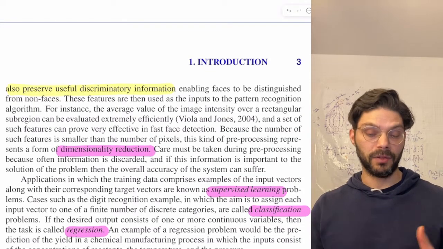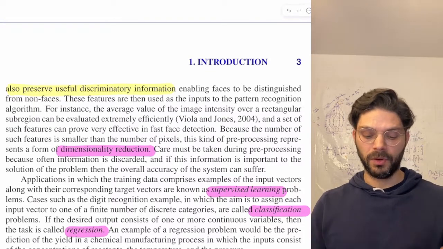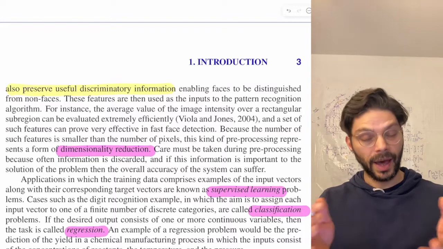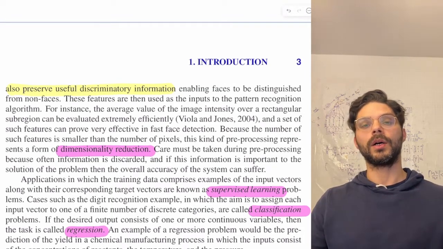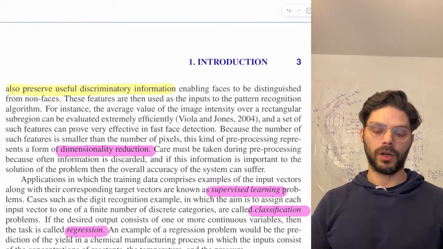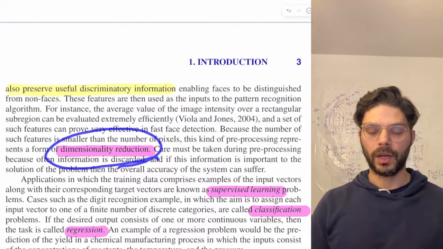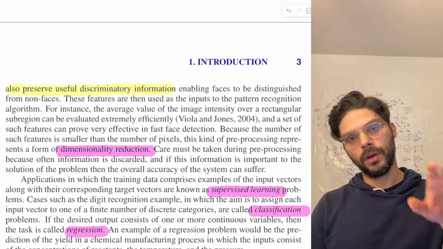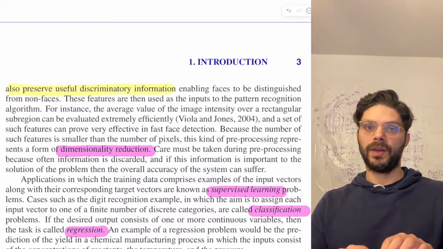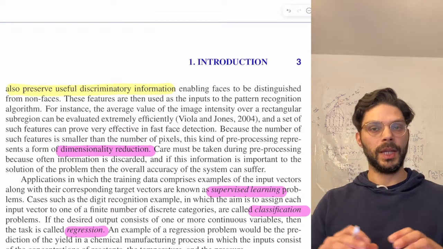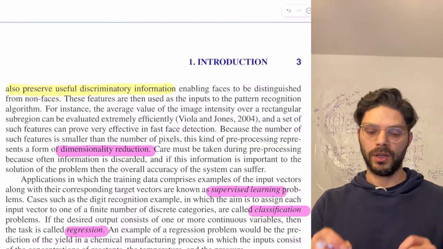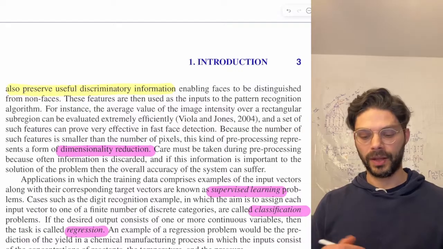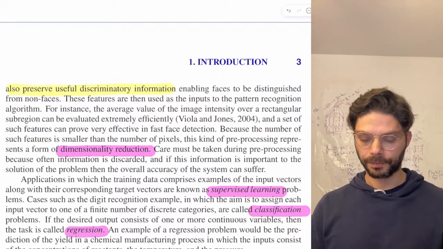And part of this process can result in having fewer features to work with than the raw pixels that you started with. So that can be a case of dimensionality reduction, going from your large pixel space all the way down to a limited set of small but useful features with which you can work. So that's often the first step.